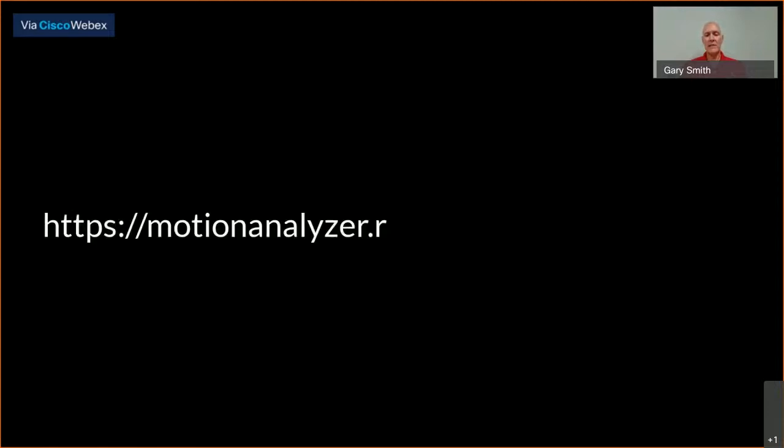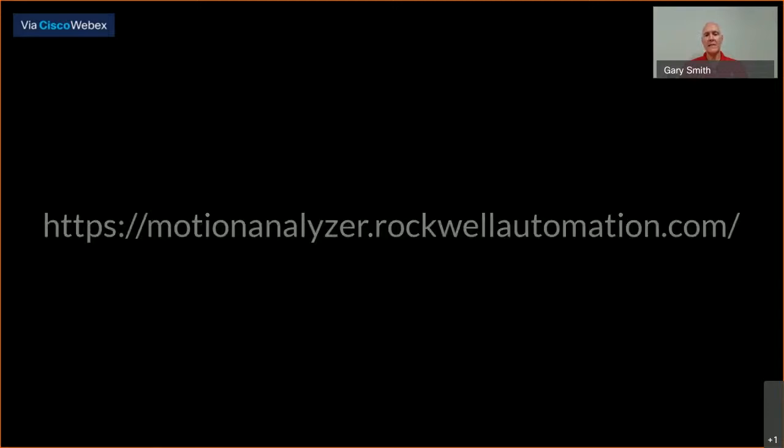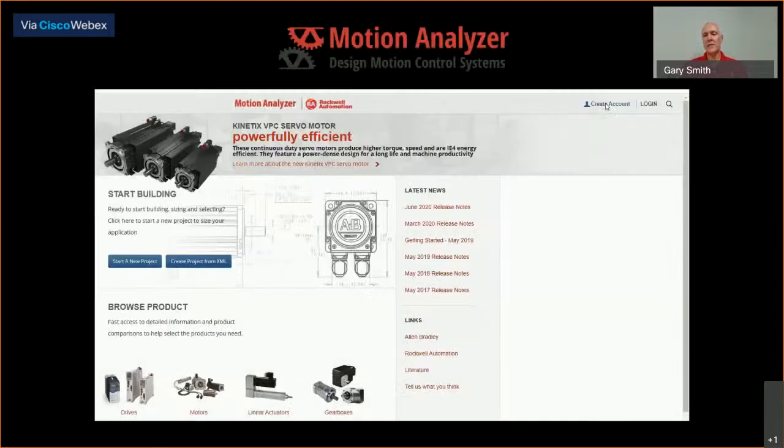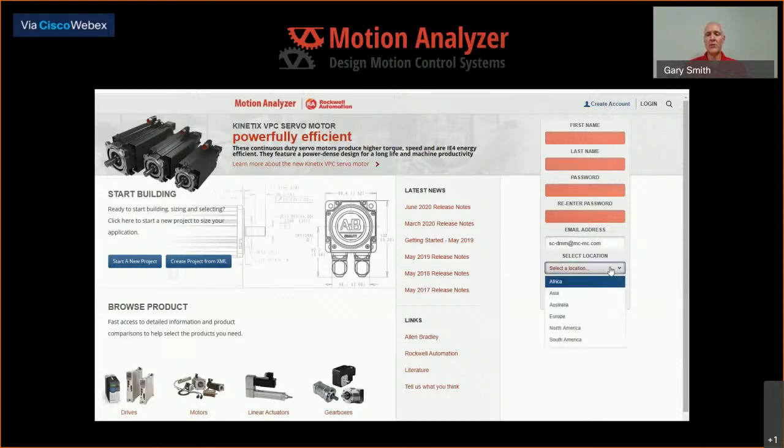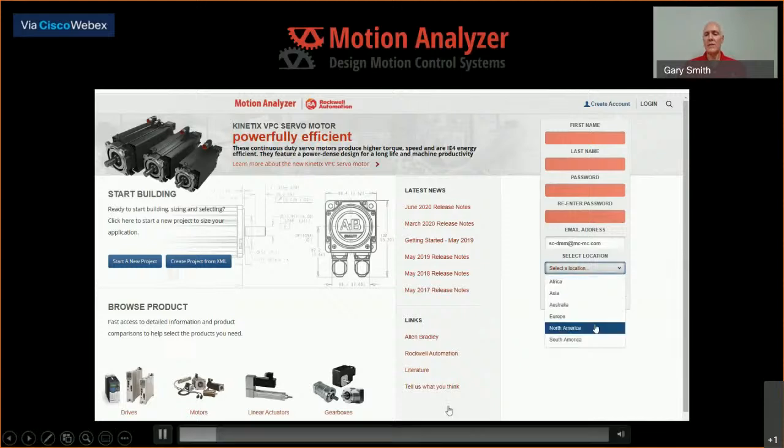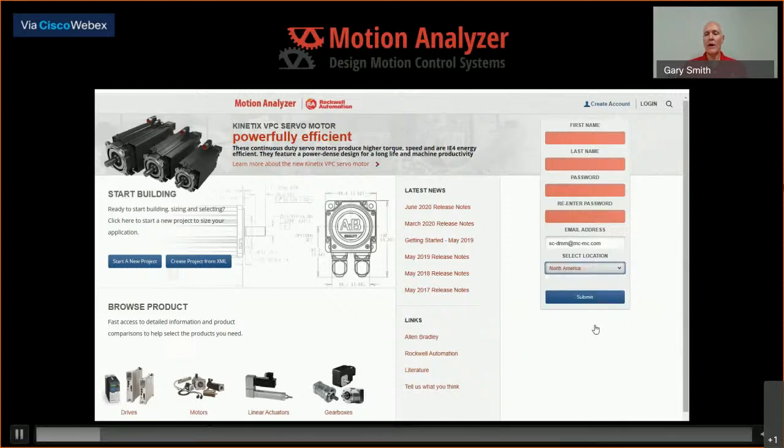So again, motionanalyzer.rockwellautomation.com is what you're going to use to access the site. And this is what you're going to see. You're going to be able to create a logon by going into the upper right-hand corner, filling out your information, including your email address, and you will receive an email that will help you complete the registration process.